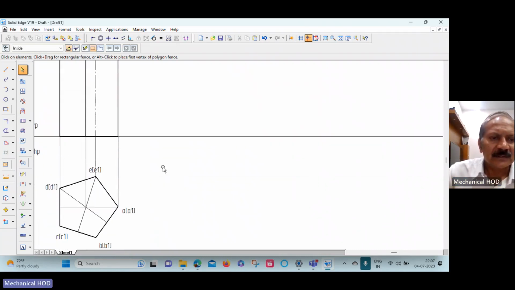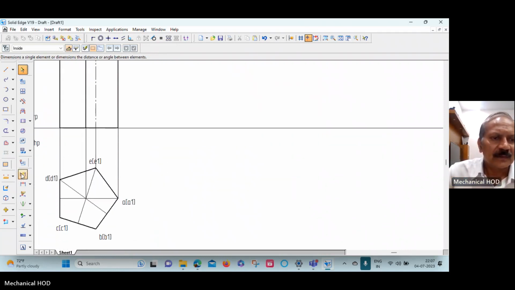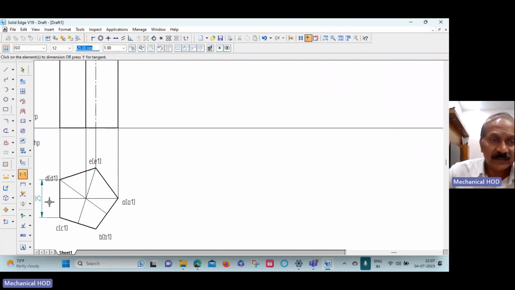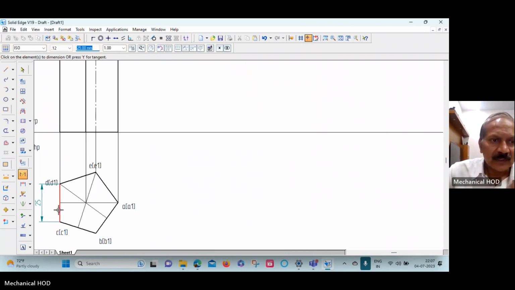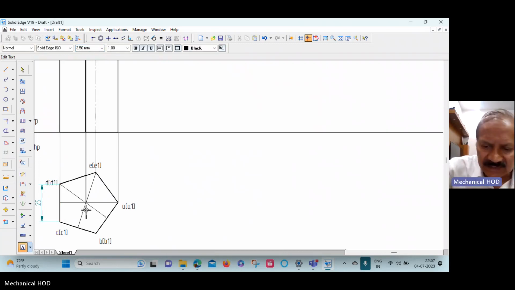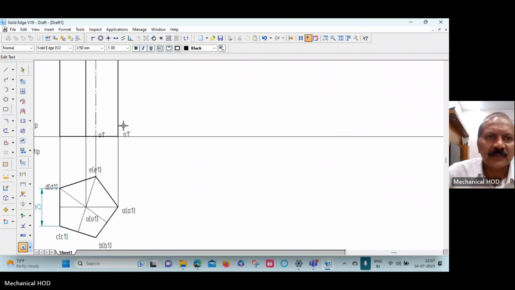Then okay. So the size of the pentagon is 25 mm. Here comes O1. Axis O within a bracket O1. So this is O1 dash. This is A1 dash.